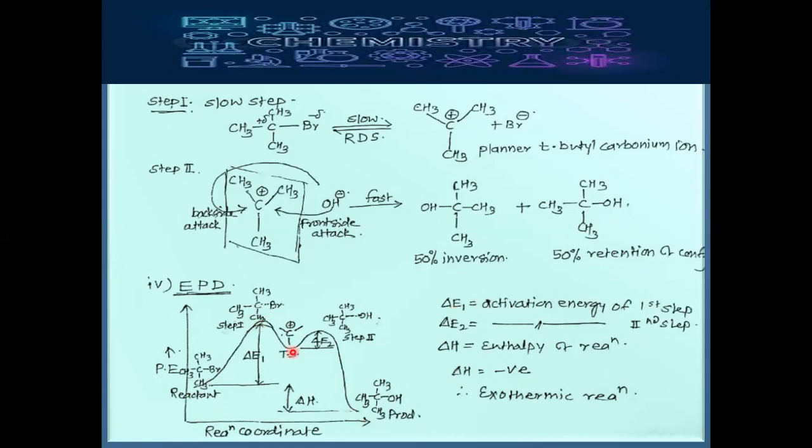The C-Br bond breaks and the transition state occurs. Then the amount of energy required to reach the second step, the difference between the energy of the second step and the transition state, is called delta E2, the activation energy of the second step. Okay, this reaction is also an exothermic reaction.